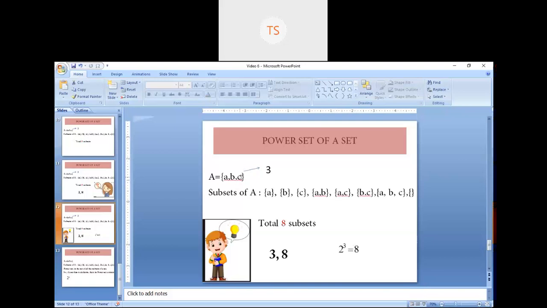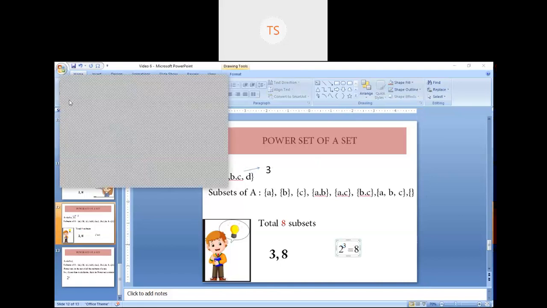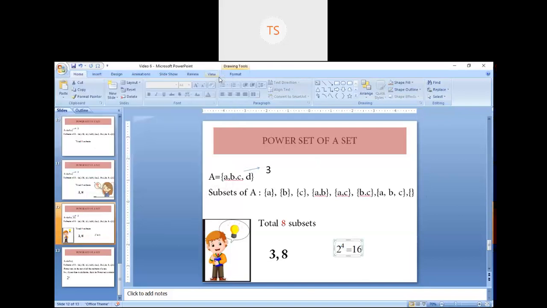Suppose you have 4 elements. Suppose you have one more element, so A, B, C, D. Now you have 2 to the power 4 is equals to 16. Now you must have 16 subsets. Now what are those 16 subsets? So let's count.